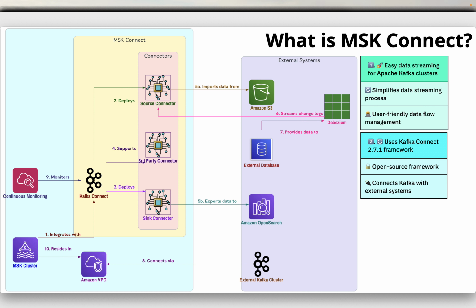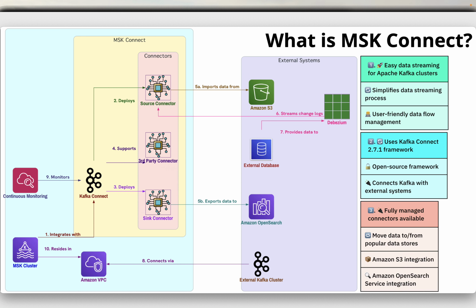This framework enables connections between Apache Kafka clusters and external systems such as databases, search indexes, and file systems. With MSK Connect, you can deploy fully managed connectors that are built for Kafka Connect. These connectors can move data into or pull data from popular data stores like Amazon S3, Amazon OpenSearch Service, and others, which will simplify data integration tasks.